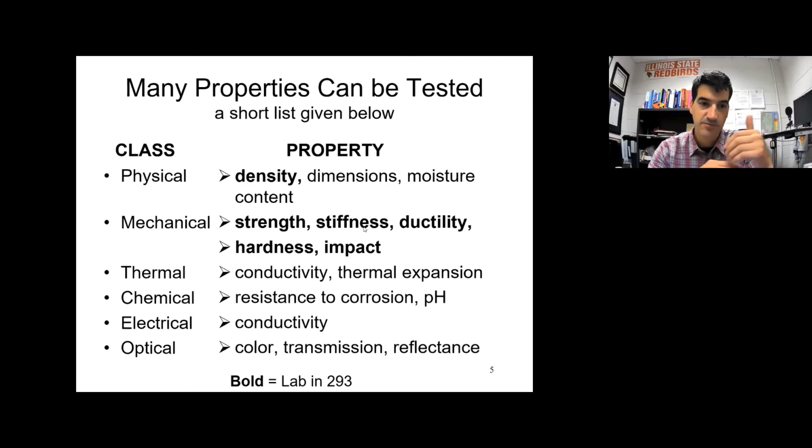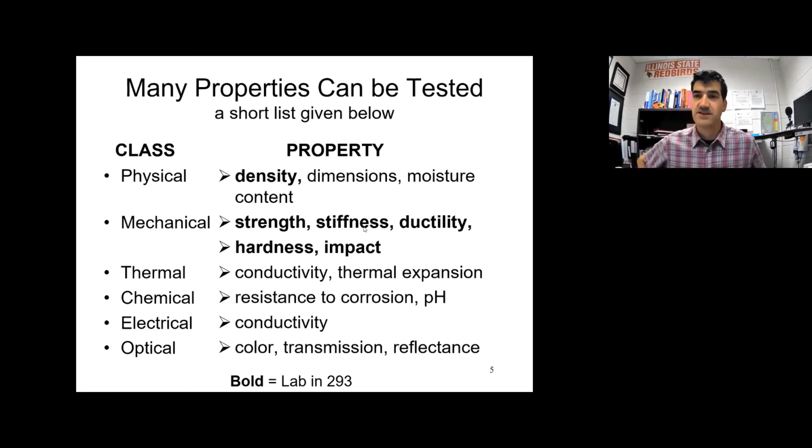So those are physical properties of materials. The others, thermal, chemical, electrical, optical properties, most of the time those are a little bit more difficult to measure, and for general purpose use, they might not be as relevant to most applications. There definitely are applications where conductivity is worth knowing. If you're designing anything that's going to be an electrical component, you probably want to know its conductivity.